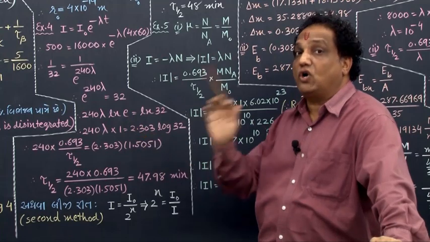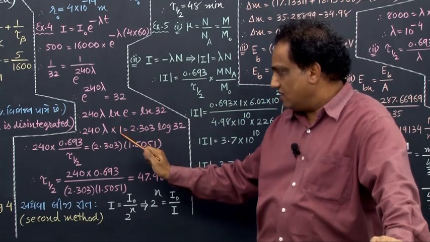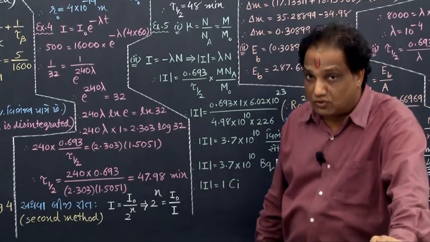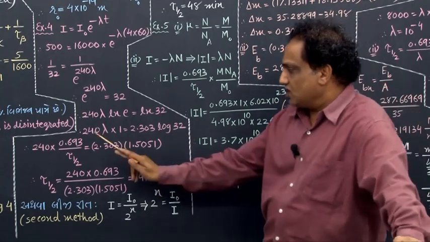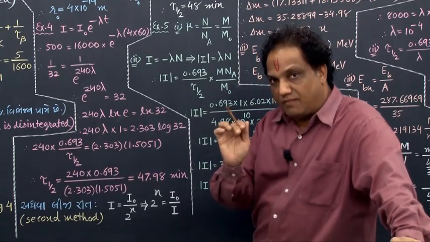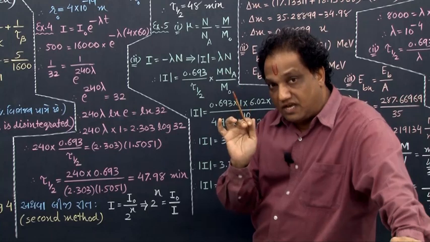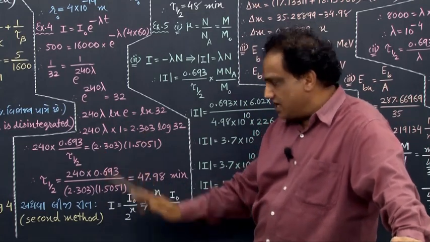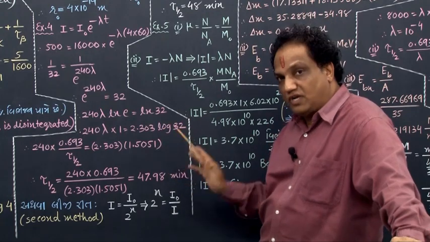Natural log of e means log e base e, which is 1. And base e to base 10, you must multiply by 2.303. This 240 as it is. What is the lambda formula in terms of half-life? Lambda equals 0.693 upon tau half. And that equals 2.303 into logarithm of 32 to the base 10 in our log table.